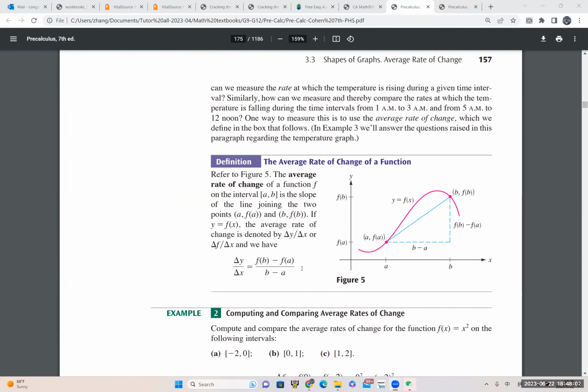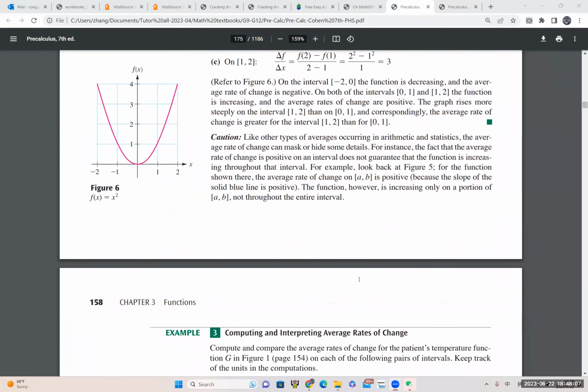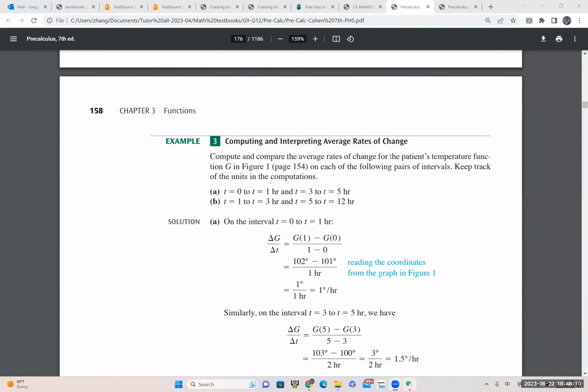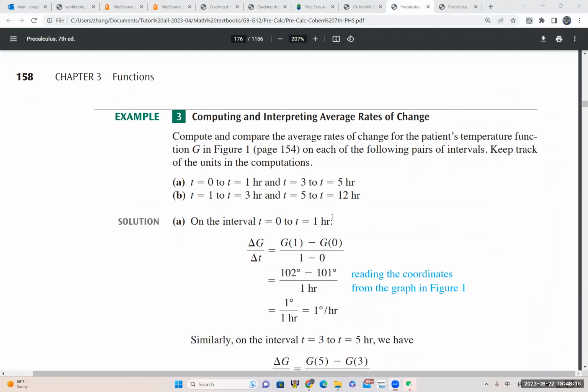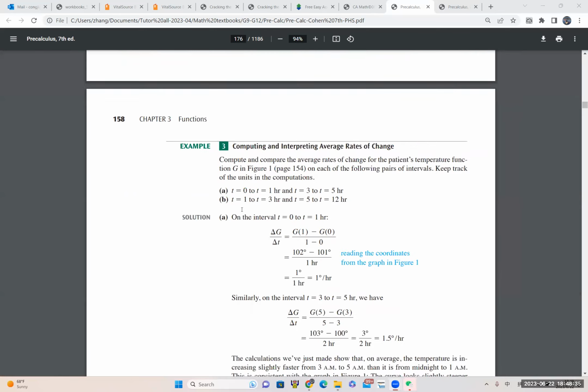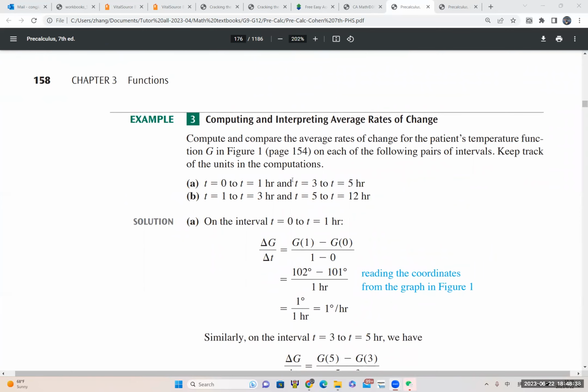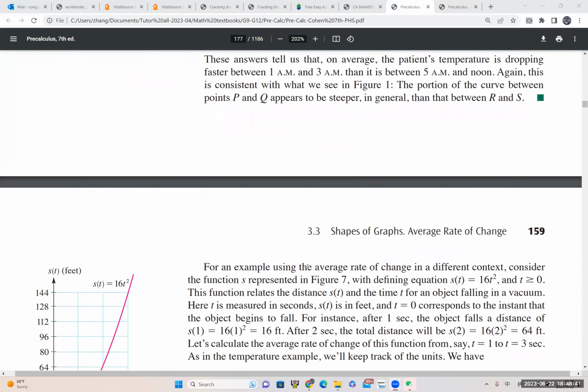This is not highlighted, but it's like a formula or definition. Here it means the average rate of change from t equals 0 to t equals 1. And by the way, what's the drawing here? Page 1. Okay, so we'll pass this.